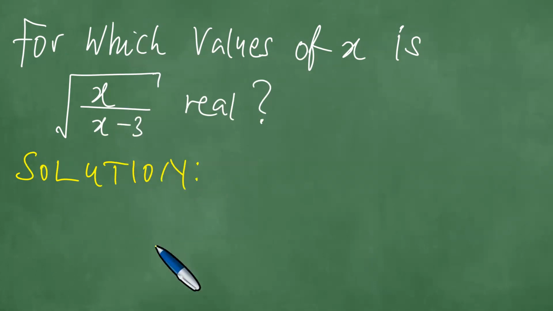We need to somehow imagine the square root taken off. Good. Any other suggestion?